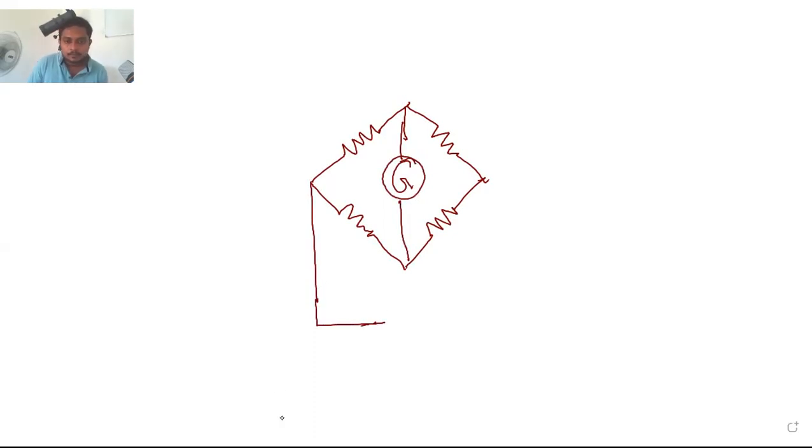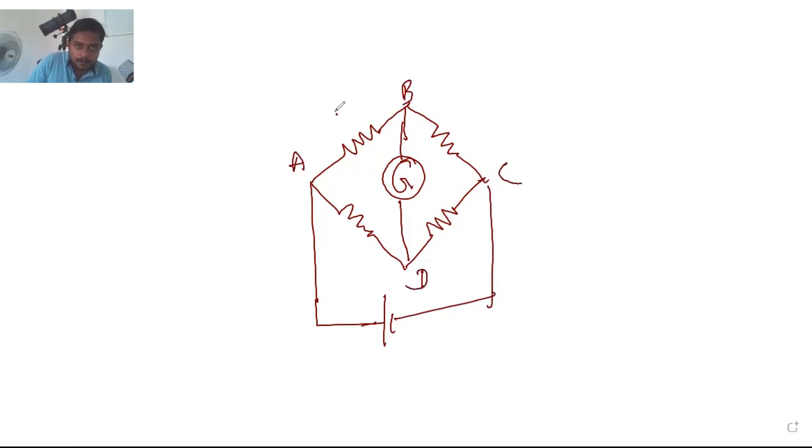Points A, B, C, D, and resistors R1, R2, R3, R4. This is a variable resistor.